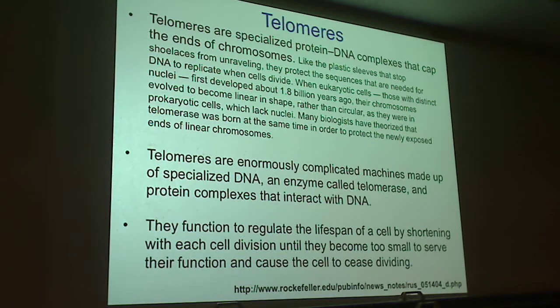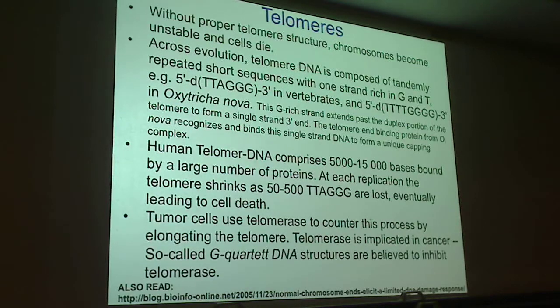Here are a few points, sure you can read them at home. The split happened between bacteria and the eukaryotes roughly 2 billion years ago, and so then we got the problems in the shoelaces. Without proper telomeric structure, we all die. Species cannot live.